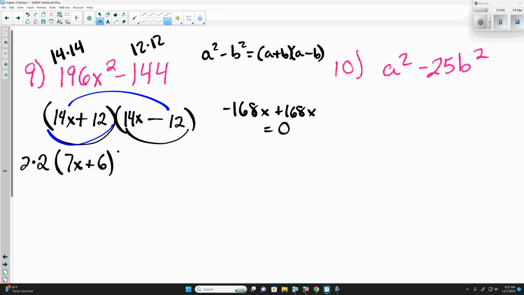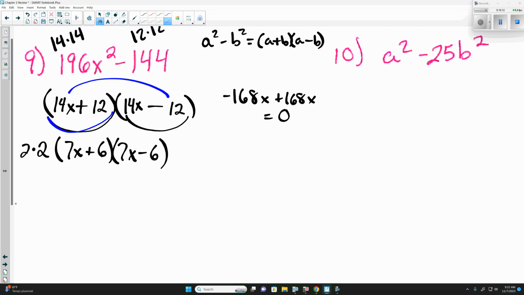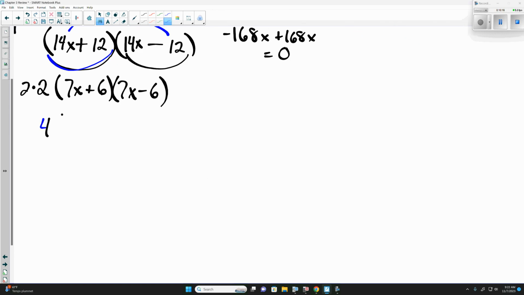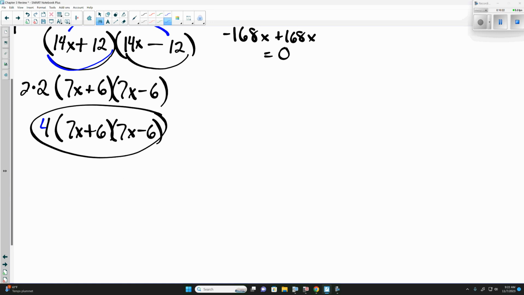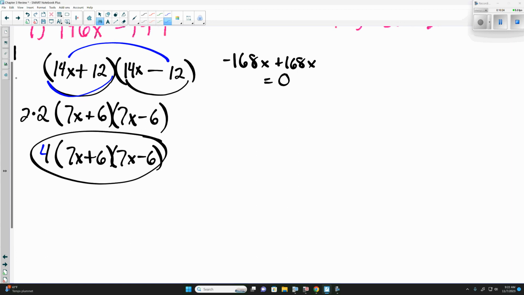So when I factor this out, we have 7x minus 6. Our 2 times 2 is 4, so this here is completely factored, but that is factored.